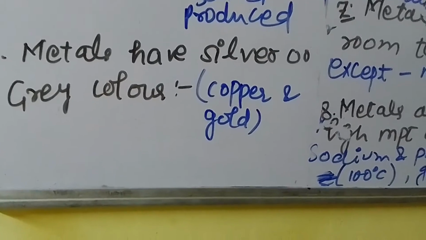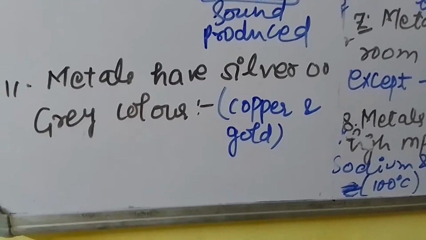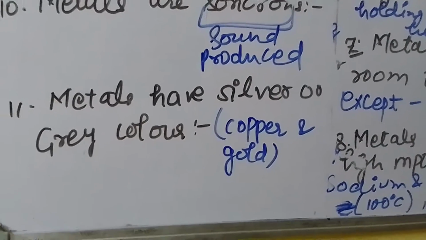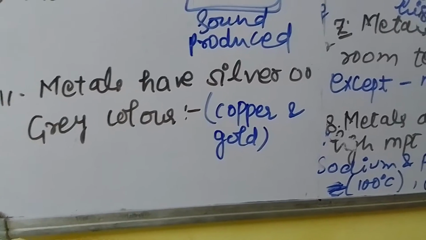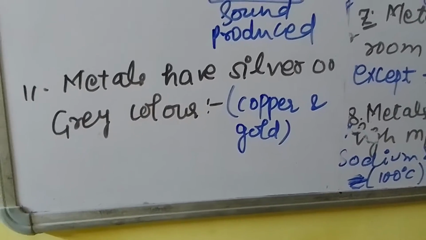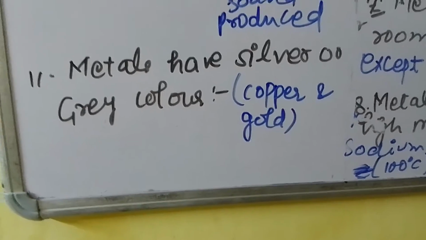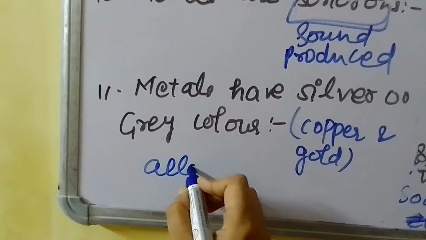Cooking utensils, electric fans, sewing machines, cars, buses and trucks are all made up of metals, and they are a mixture of metals. That is known as an alloy. So there is another new thing, which is alloy.